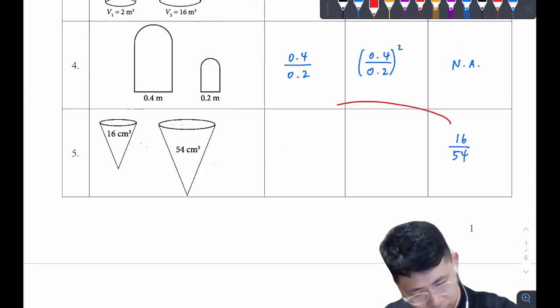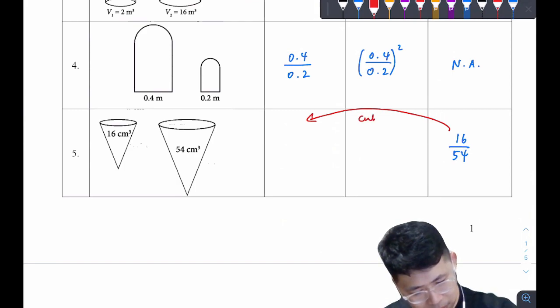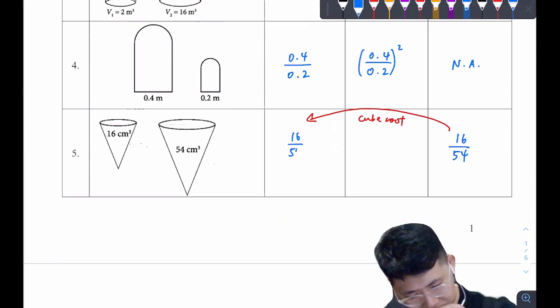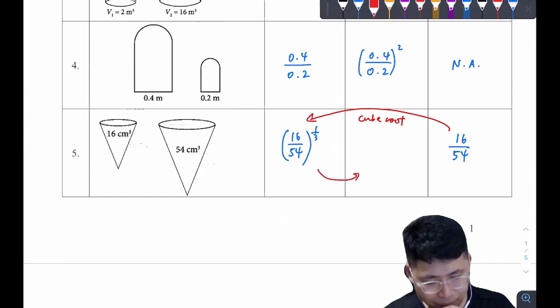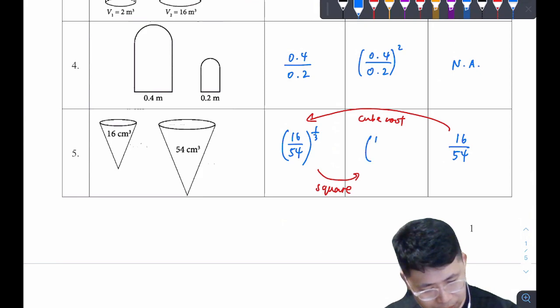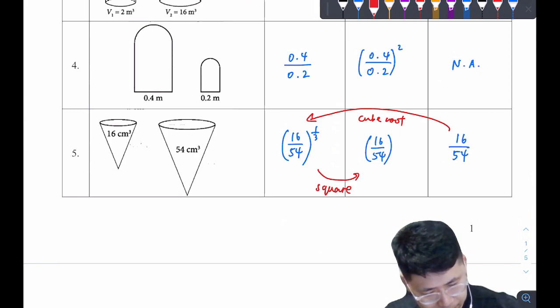In order to go back to the ratio of length, we normally do cube root, correct? So over here we have 16 over 54, to the power 1/3. Then what about the ratio of their surface area? We need to square, so over here it will be 16 over 54, to the power 2 over 3.